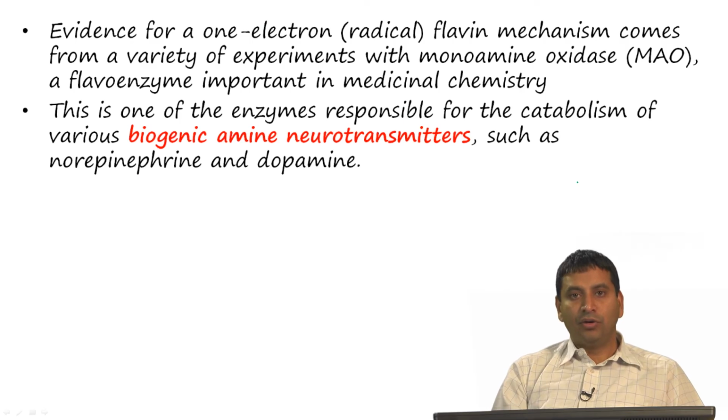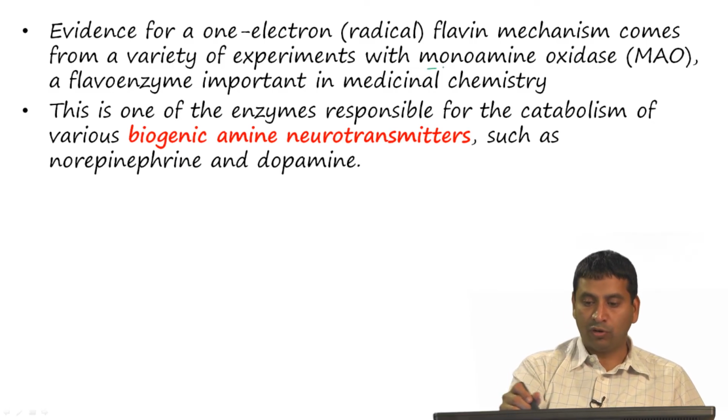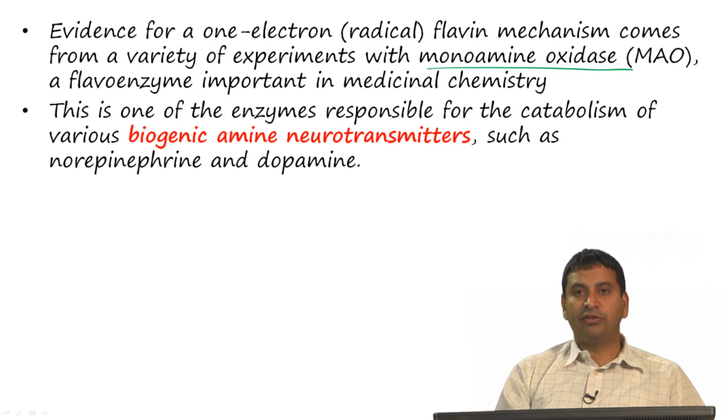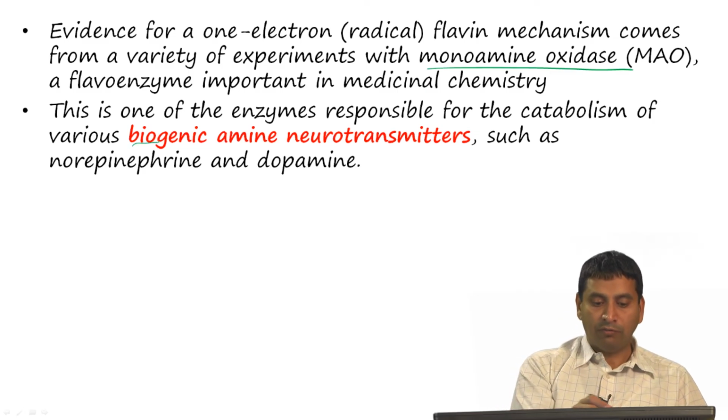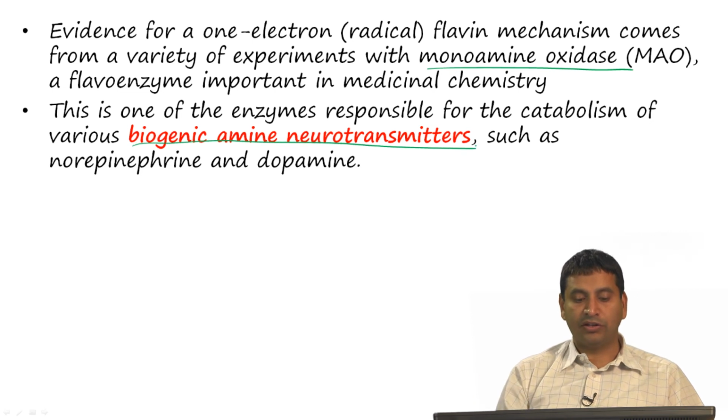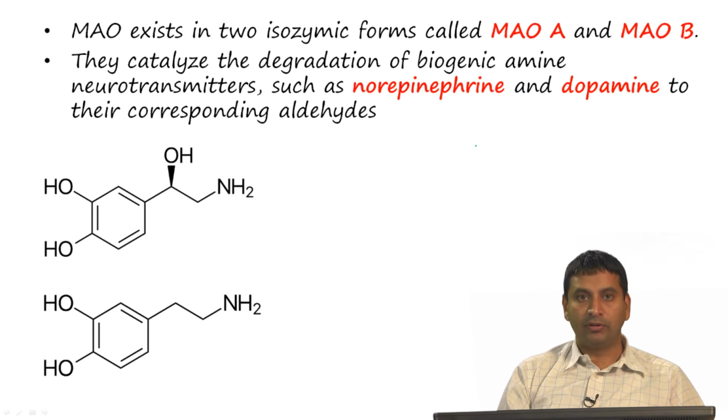Okay. So, another 1 electron mediated oxidation reaction is an enzyme called monoamine oxidase. This enzyme is a really important flavin enzyme in medicinal chemistry. It is one of the enzymes responsible for the catabolism of very important neurotransmitters such as norepinephrine and dopamine.